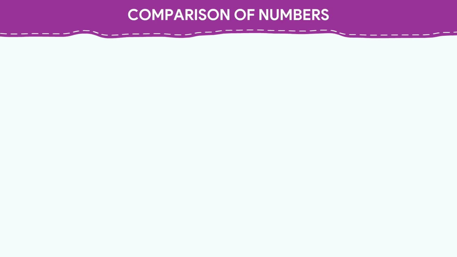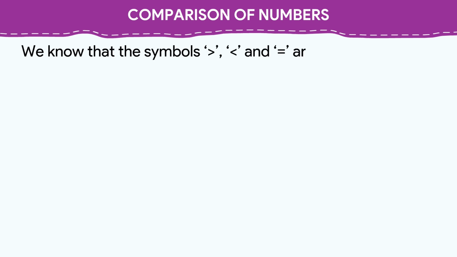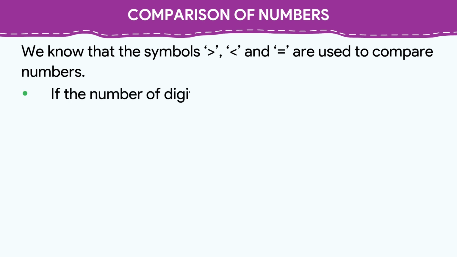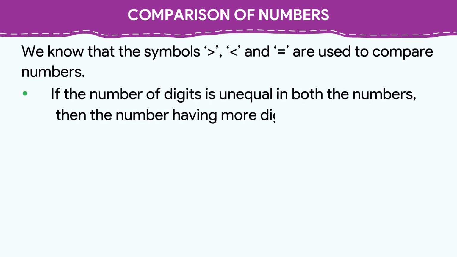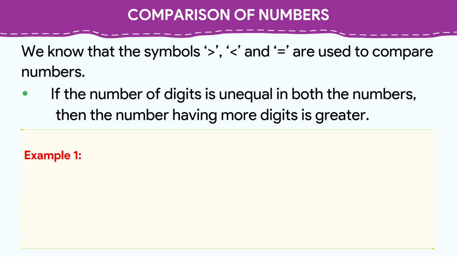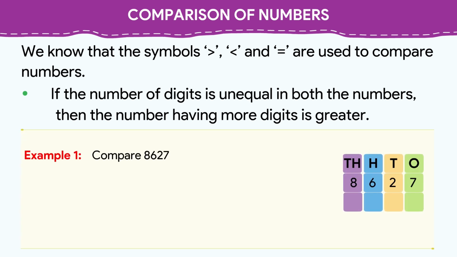Comparison of numbers. We know that the symbols greater than, less than, and is equal to are used to compare numbers. If the number of digits is unequal in both the numbers, then the number having more digits is greater. Example 1. Compare 8627 and 847.